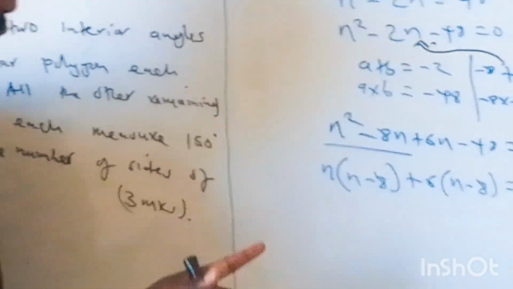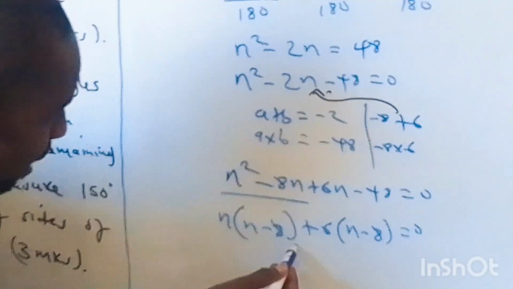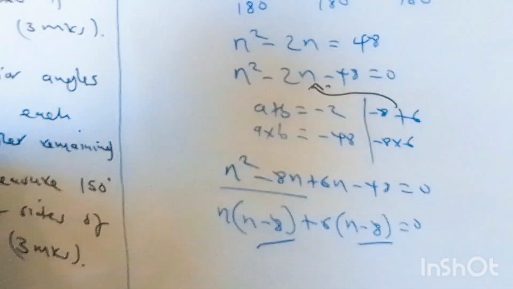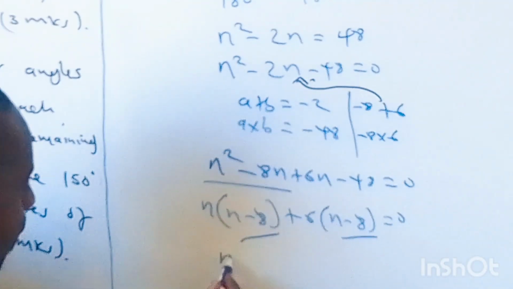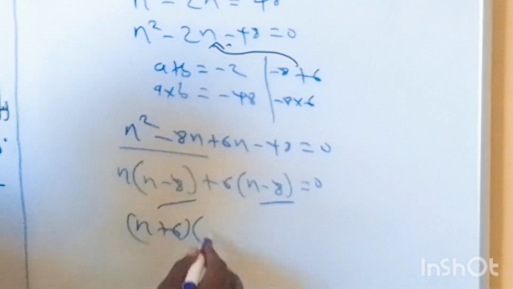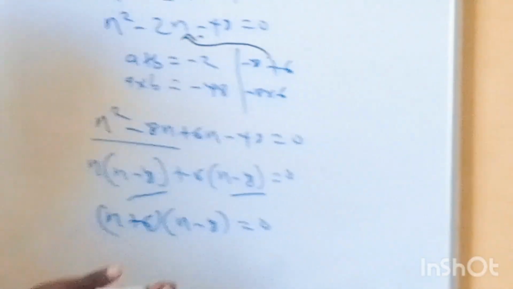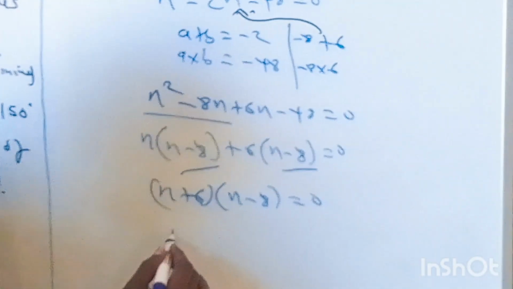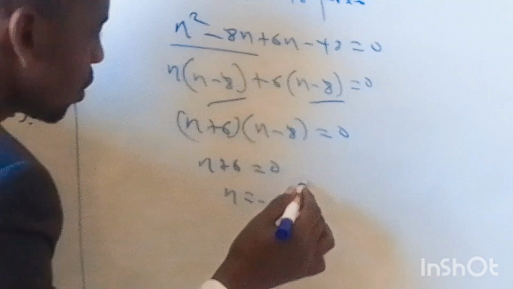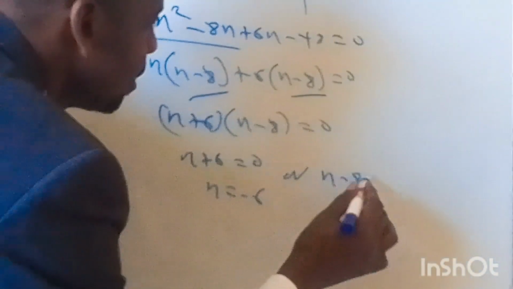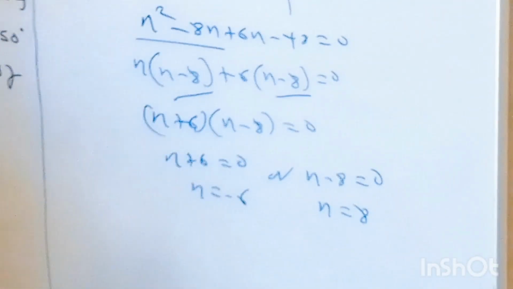I want you to take note that when you are factorizing a quadratic equation, whatever is in the bracket must be the same. So we have n plus 6 and n minus 8 is equal to 0. So we can now finalize it here. n plus 6 is equal to 0, n is equal to -6, or n minus 8 is equal to 0 and n is equal to 8.